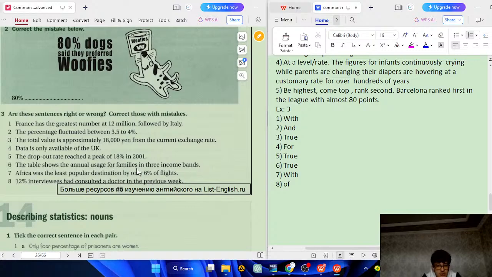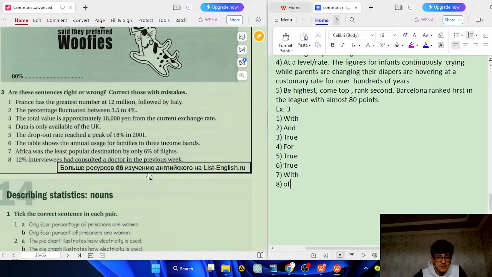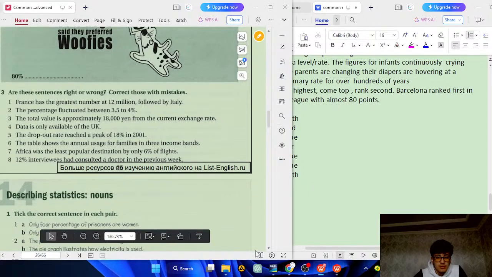The table shows the annual usage for families in 3 income bands. I guess this is true. Africa was the least popular destination with only 6% of flights. 12% of interviews. Okay, let's check.